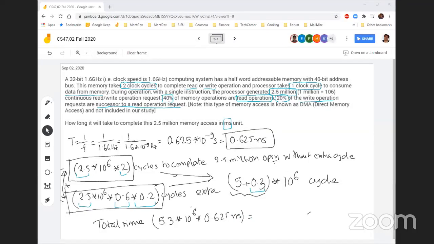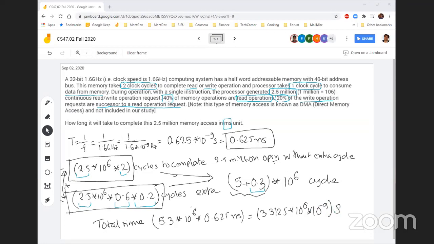Now 0.625 multiplied by 5.3 is 3.3125. This is 10 to the power 6 multiplied by 10 to the power minus 9 second.